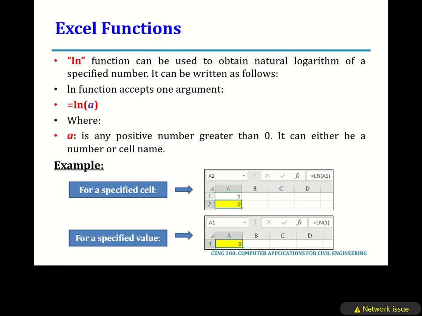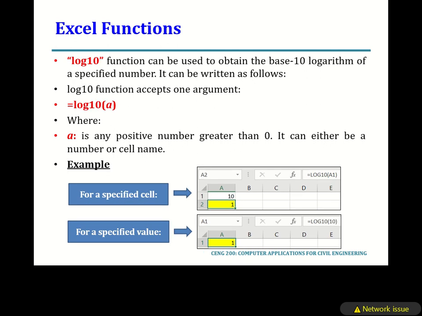What do we call this one? Natural log. So LN, then a number, it will take the natural log of that number. And again only one input. Clear? So LN with one input will give you the natural log.